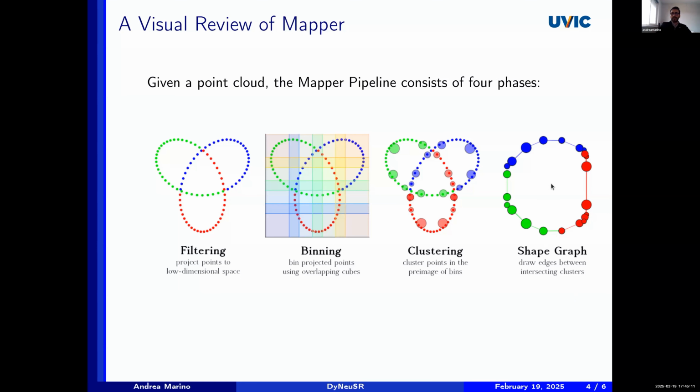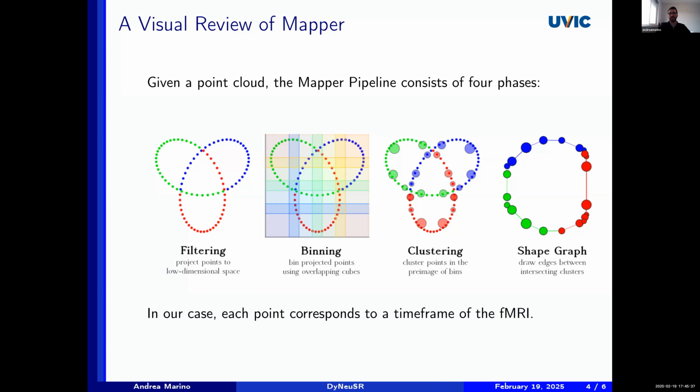So vertices are clusters that we found in each bin, and two clusters are connected by an edge if they intersect. Recall that bins are overlapping, so some points can be shared between a cluster of a cube and the cluster of the cube right next to it.